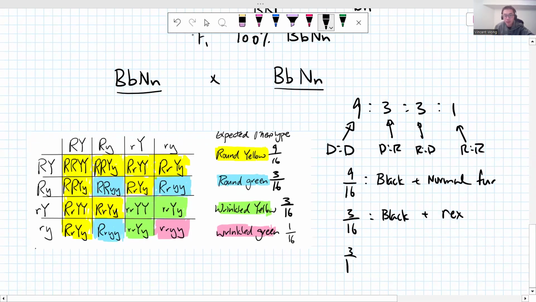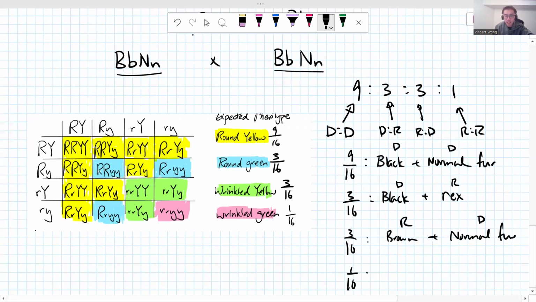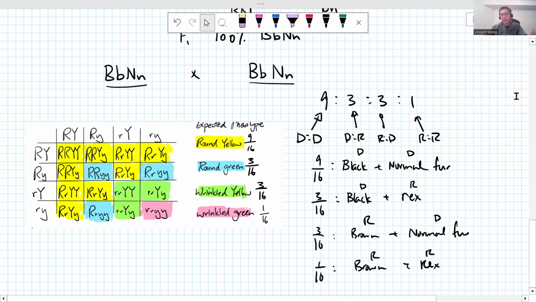You're going to have another 3 over 16, which is brown and normal, because it's recessive and dominant. And then 1 out of 16 is going to be brown and Rex, which is recessive. Do you understand? It would save you a lot of time on the quiz if you don't have to write out this table.